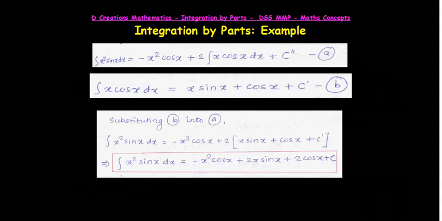So integral of x square sine x dx is minus x square cos x plus 2 into this whole right hand side of equation b, which is x sine x plus cos x plus constant of integration. So the final answer is integral of x square sine x dx is equal to minus x square cos x plus 2x sine x plus 2 cos x plus c.